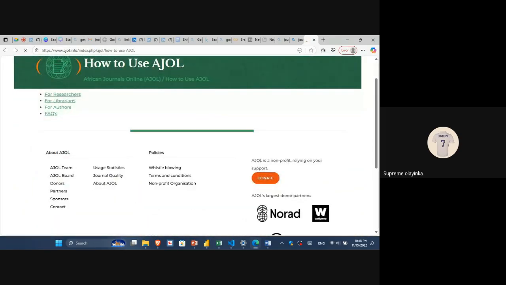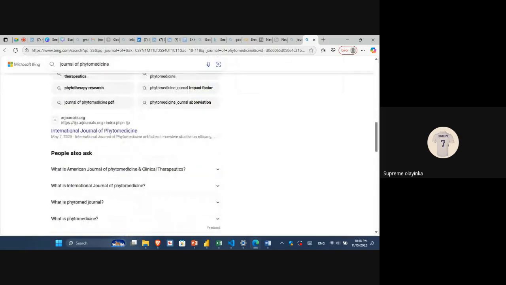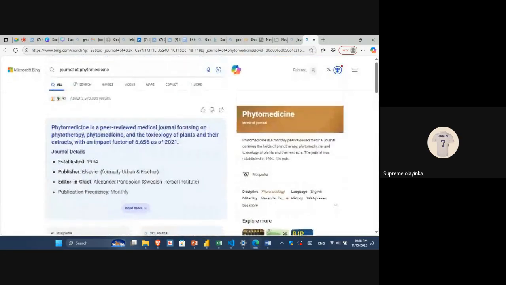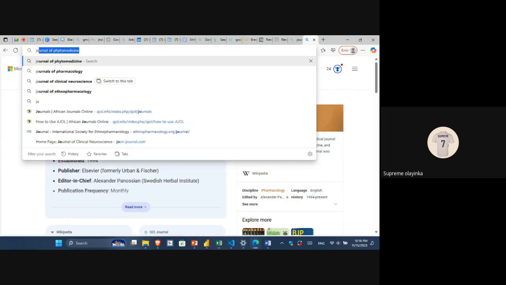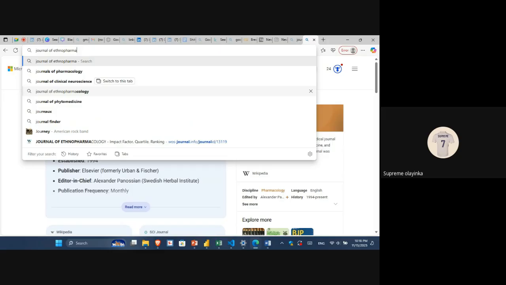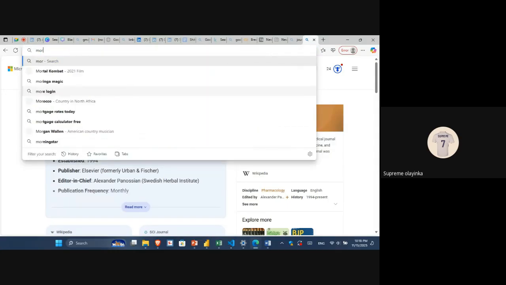So they are just redirecting me to, I think they call this one SCM or something. I can't remember. I can't see the name of this journal. I'm not sure.